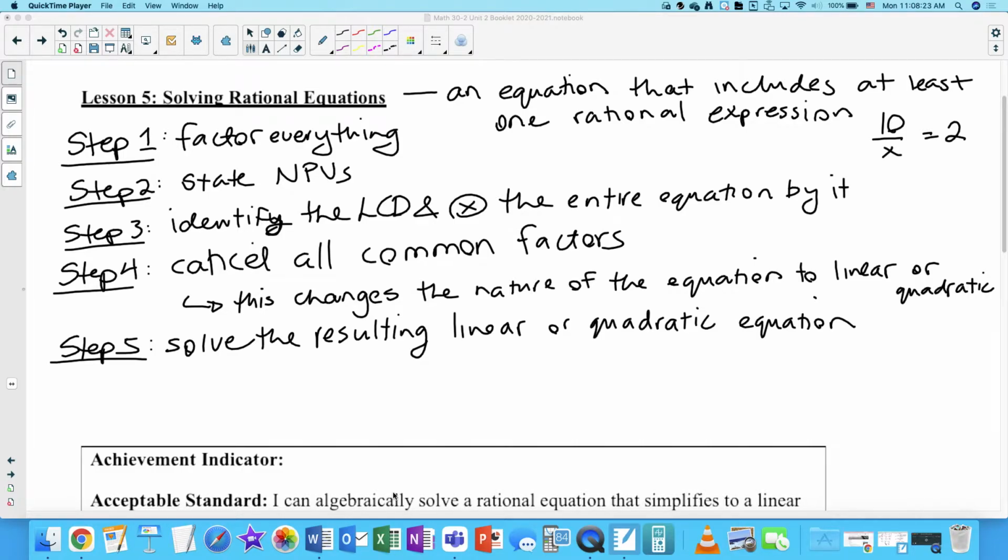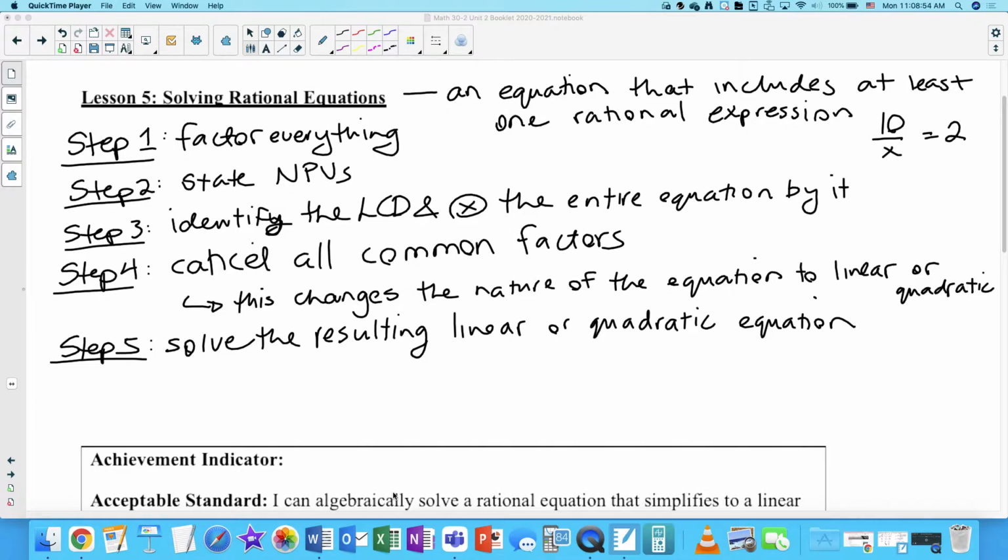And that type of answer has a special name. It's called extraneous. Extraneous solutions or extraneous roots, as they're sometimes called, can occur whenever we change the nature of an equation. Because when you have a quadratic or a linear equation, there are no non-permissible values. But if we get something that doesn't make sense in the original equation, it's invalid.